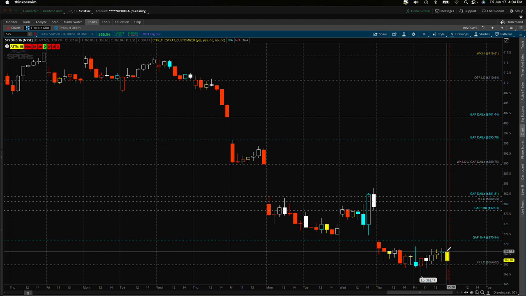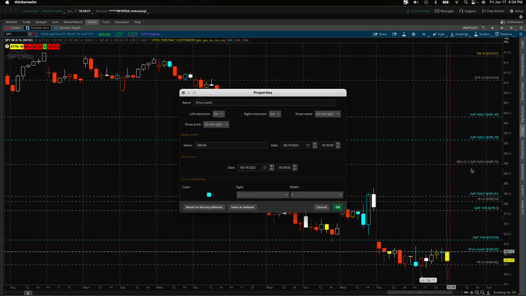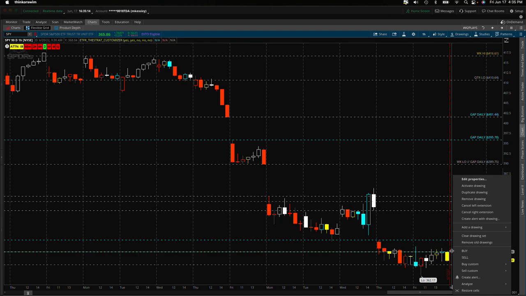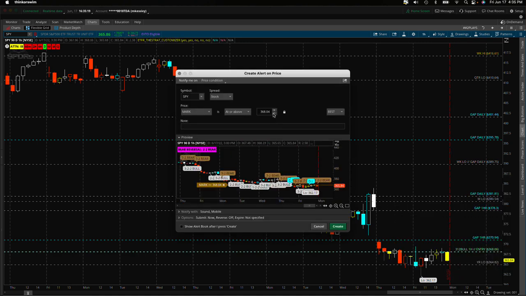So now that I'm looking at this, we can just make a level here. Click edit. I'll make this green, and I'll say 312 bull, 1 hour, and then I'll say entry. Click OK. And then I'm also going to set an alert that's a couple of pennies prior to, because I don't want to get the alert exactly at the move happening.